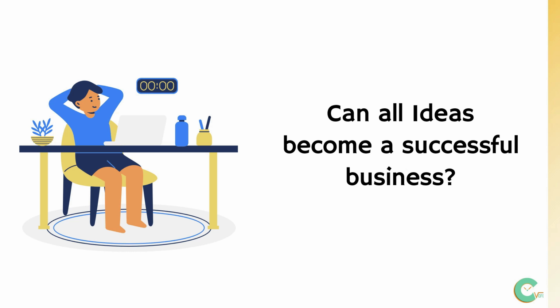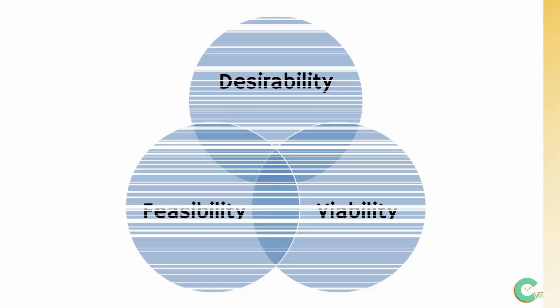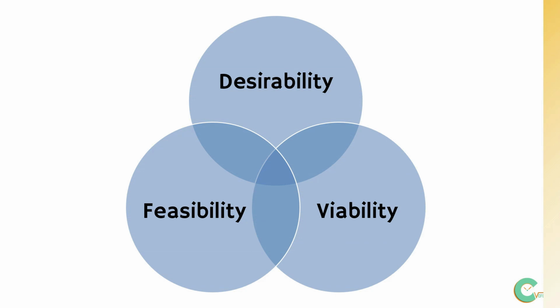When you're talking about a successful business and a viable idea, we need to consider three main topics, which are desirability, feasibility, and viability. And if your idea falls in the intersection of all these three subjects, you have a promising business idea.